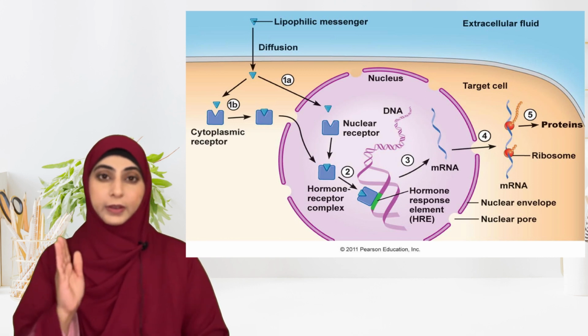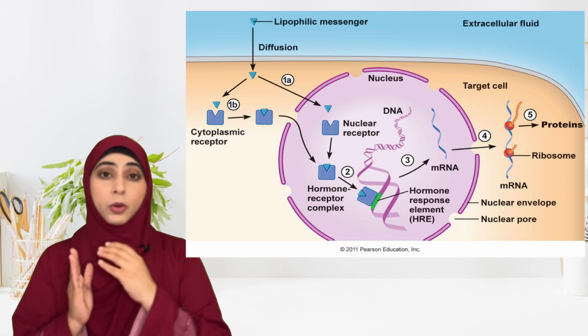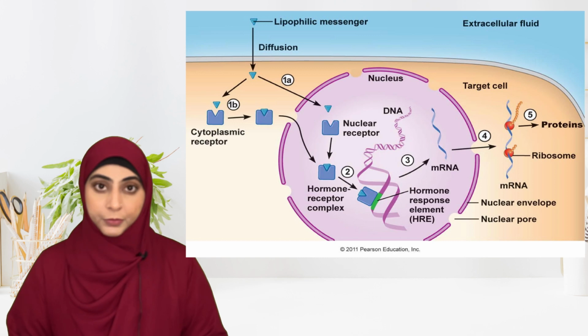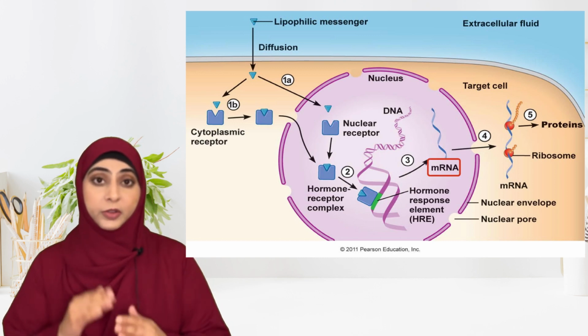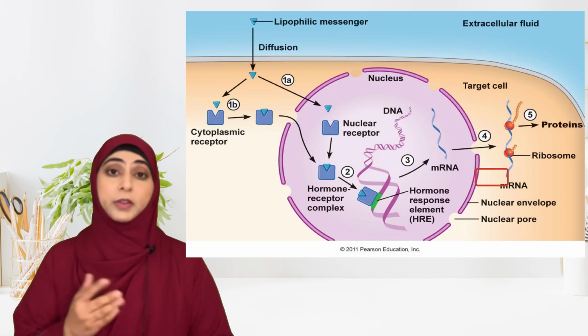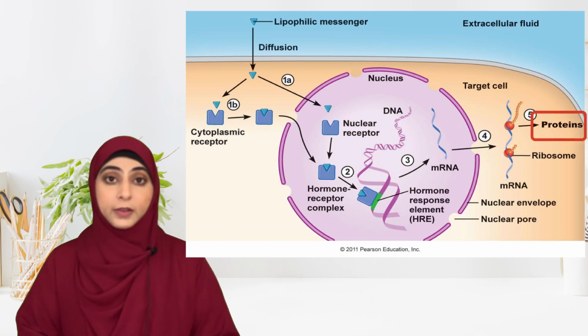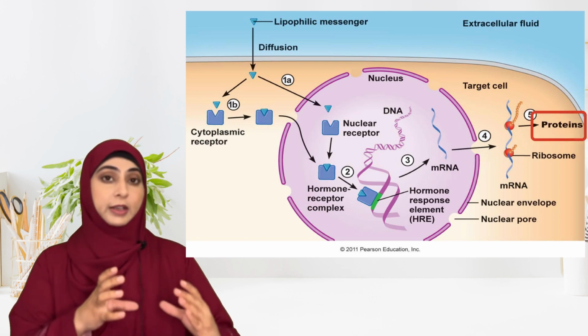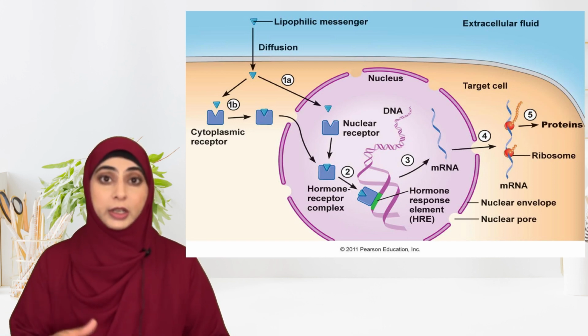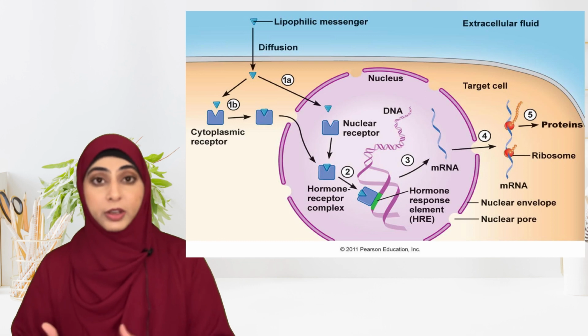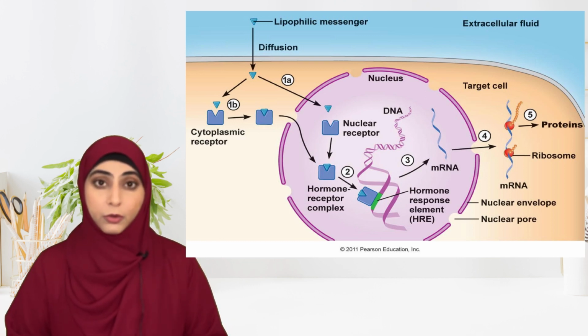It binds a specific set of DNA and activates its transcription. This transcription will lead to formation of messenger RNA. This messenger RNA will translocate to the cytoplasm, where protein synthesis will take place. The proteins transcribed from that specific set of DNA will start being made. Those proteins will then be modified and the end product will be made.